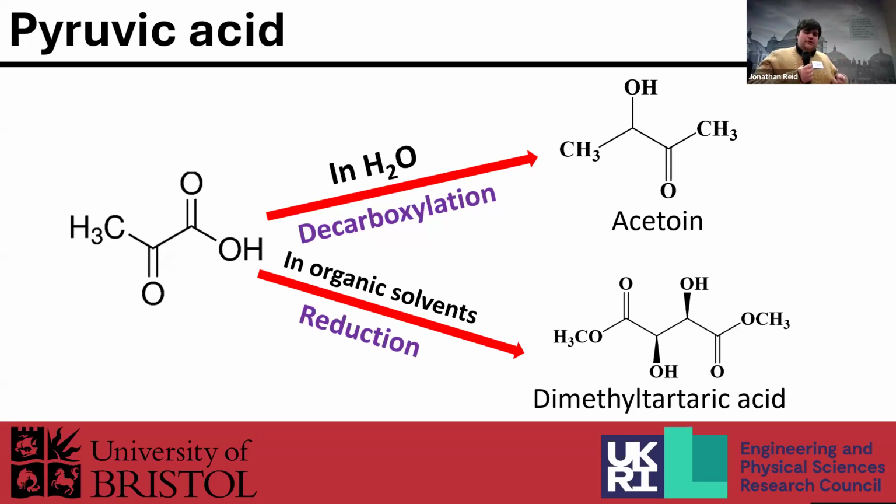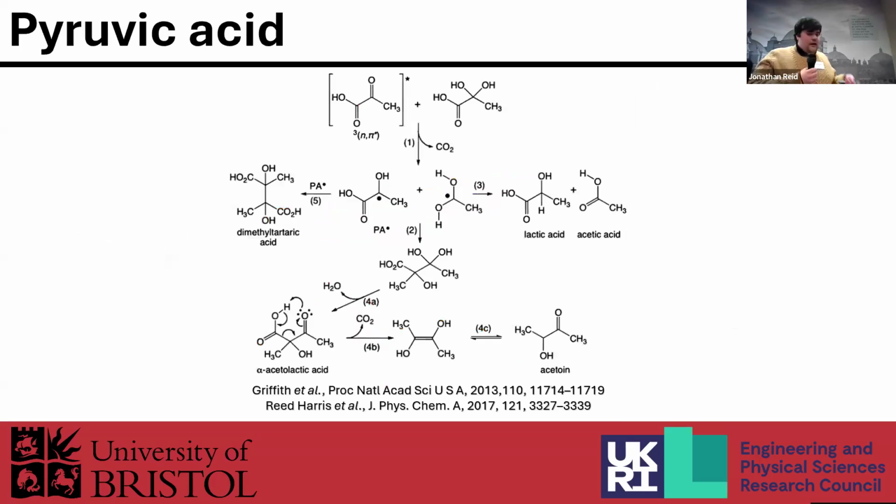We just want to understand what it does in an aqueous environment, so we're trying to employ some spectroscopy to see how it reacts with light. Here you've got a bunch of other pathways that we get with pyruvic acid in aqueous solution, but it's still relatively unknown how we get to these in photochemistry, so we're exploring that using some new techniques.